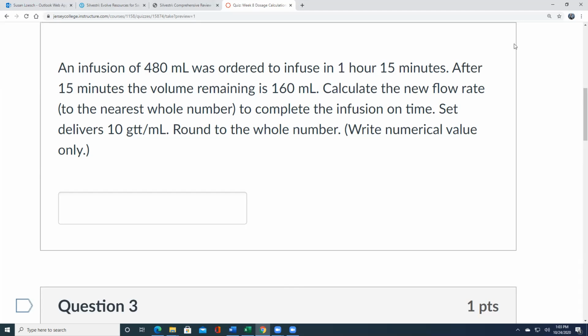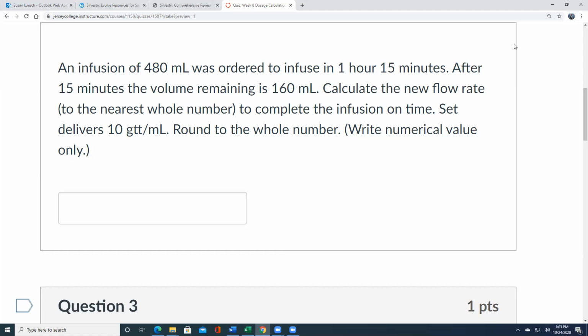You have 480 mLs over an hour and 15 minutes. You started running it, and 15 minutes later the volume left is 160 mLs.